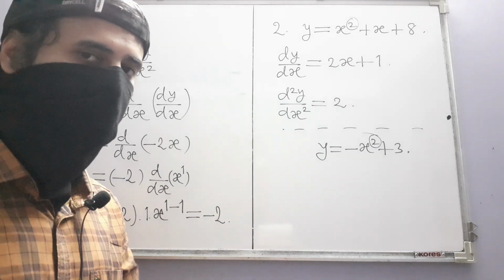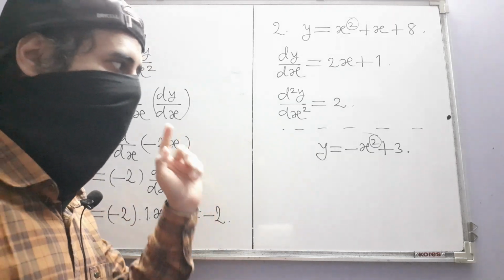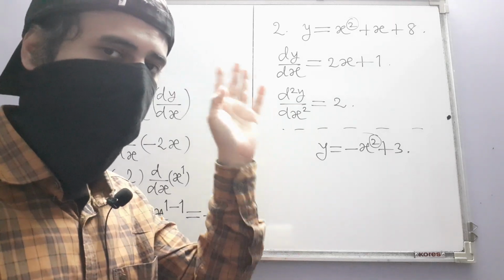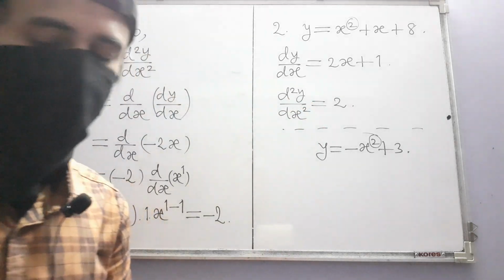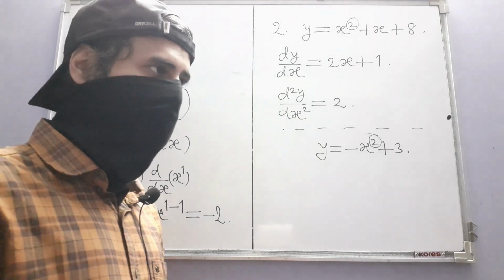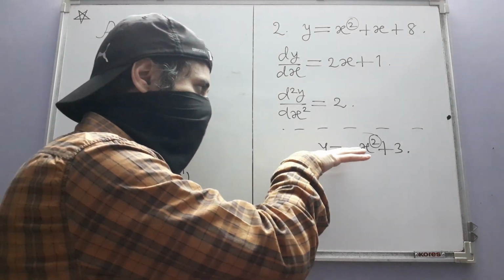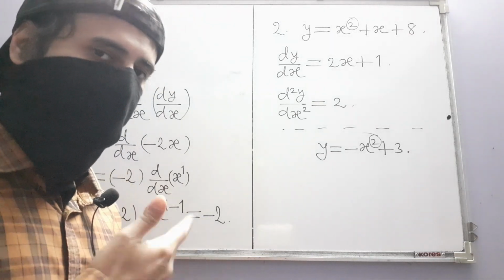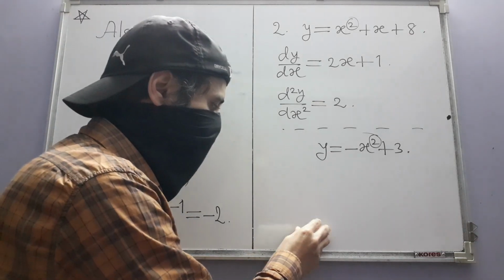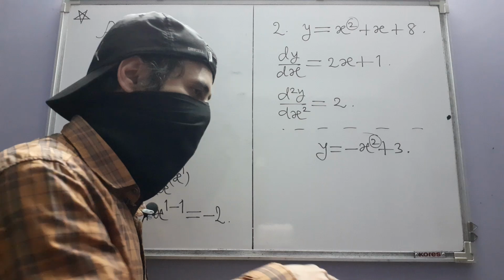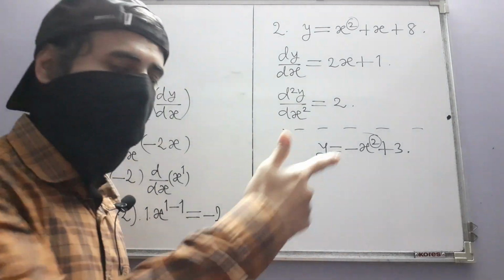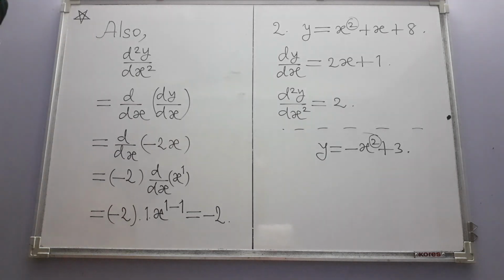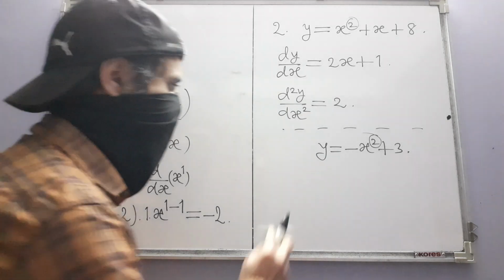You have to differentiate it 3 times to get to a constant, and after you get to constant you can keep on differentiating. We also saw when we were going through the theory in the last video that if you start with a polynomial and keep on differentiating it again and again, at one stage you will get a constant, after that you will get 0, and all the higher order derivatives will be just 0. That's the nature of polynomials.